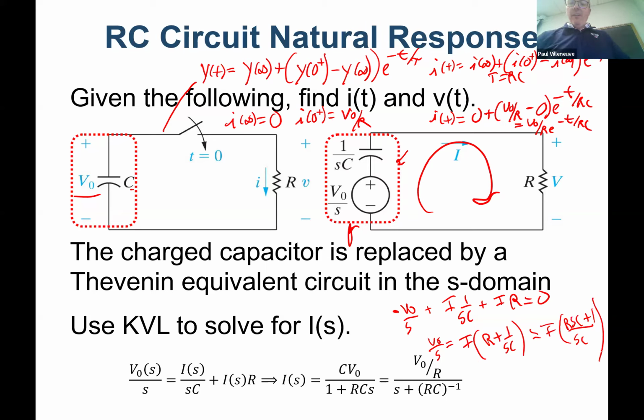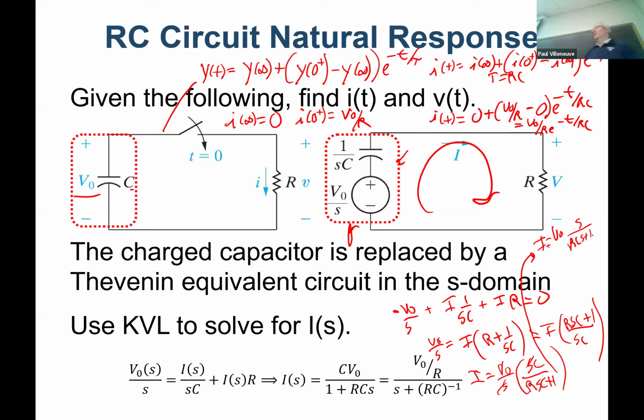And so now I'm going to solve for I. So I is going to be equal to V naught over S times SC over RSC plus 1. The S terms will cancel. And let me put it up over here. I is going to be equal to V naught times C over RCS plus 1.